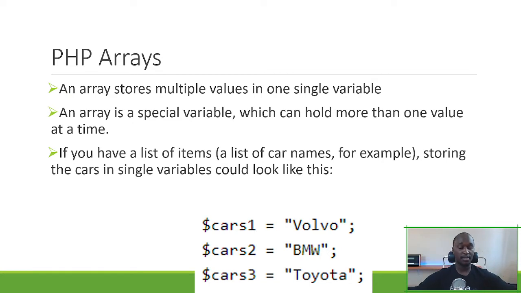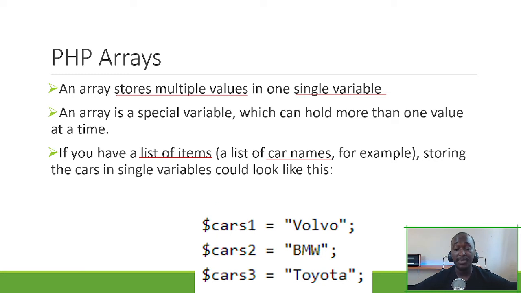So now we look at PHP arrays. Now, an array will store multiple values in a single variable. Most of the time, we use it to store a list of items. For example, a list of car names.